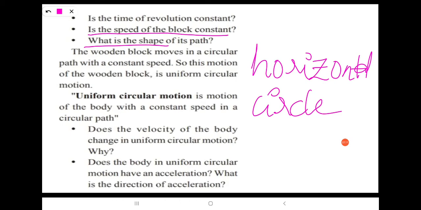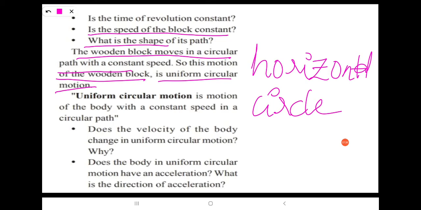Yes, you can observe here that the wooden block moves in a circular path with a constant speed. So this motion of the wooden block is uniform circular motion.